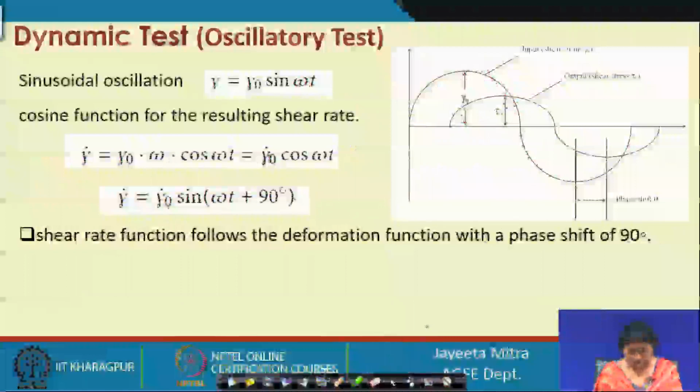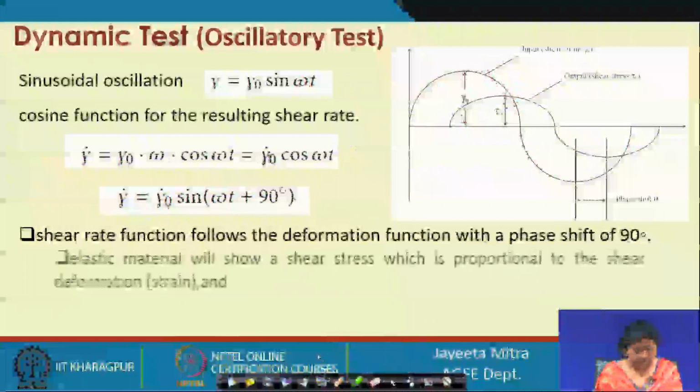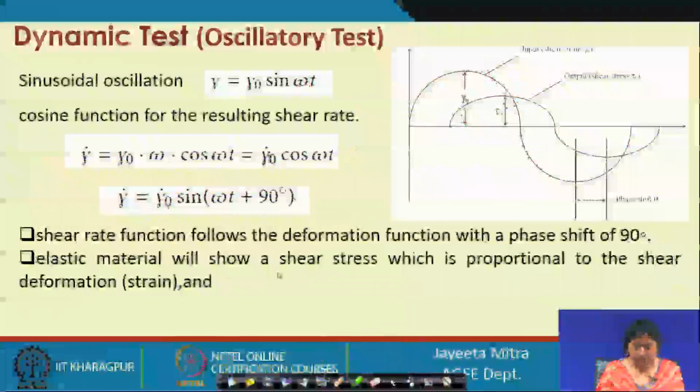Okay. From this equation we can see that an elastic material will show a shear stress which is proportional to the shear deformation or strain. So, what we want to measure is that we are providing an oscillatory motion. Okay. And the material is viscoelastic. So, some part of the elasticity and some part of the viscous nature we need to analyze.